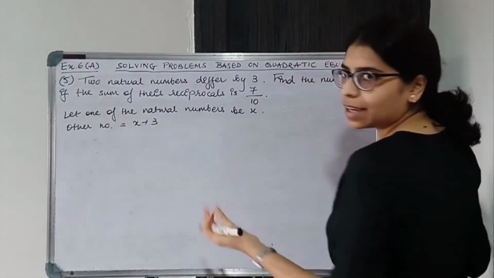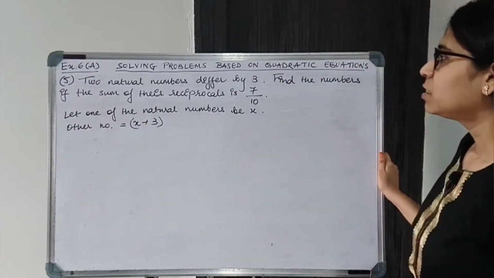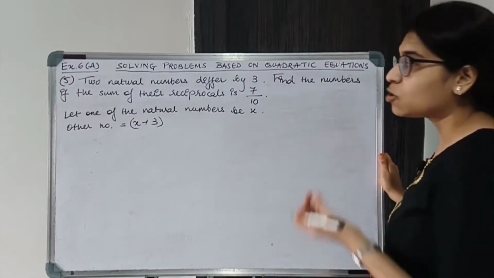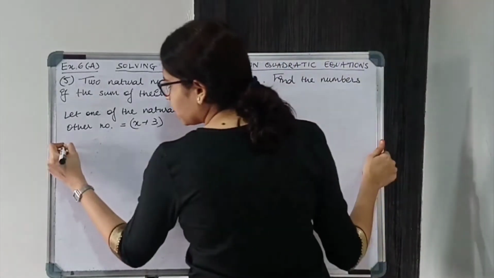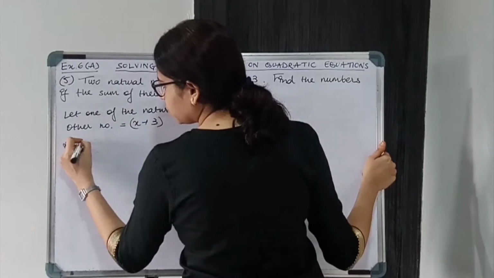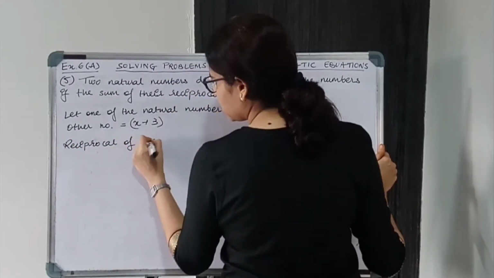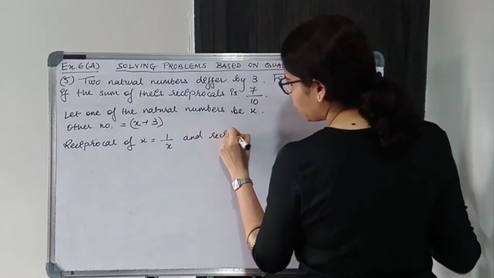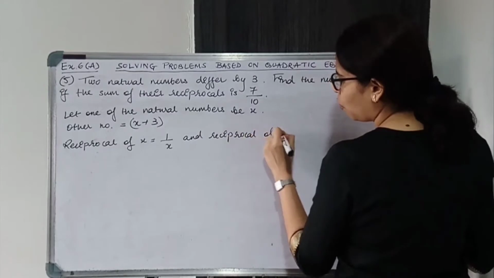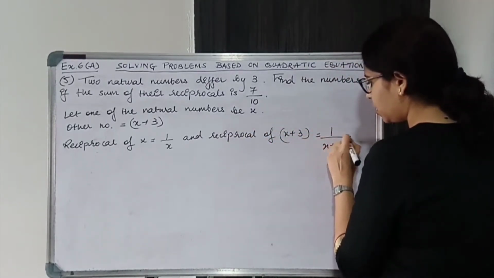You can also take x minus 3. Put brackets. The sum of their reciprocals is 7/10. So reciprocals पहले लिखना पड़ेगा. Okay, so reciprocal of x is 1/x and reciprocal of x plus 3 is 1/x plus 3.